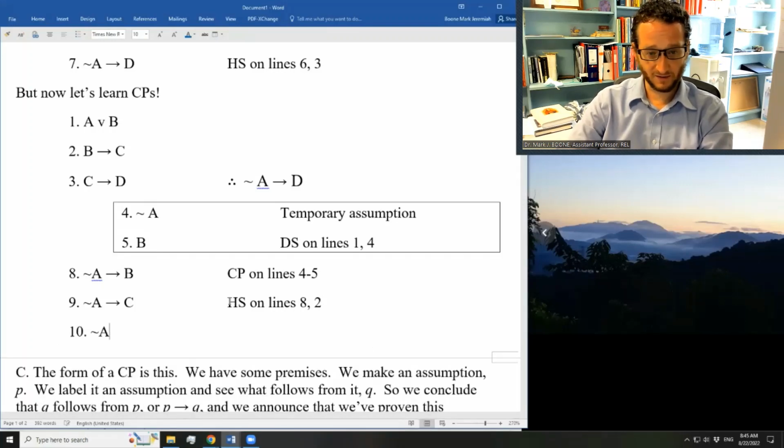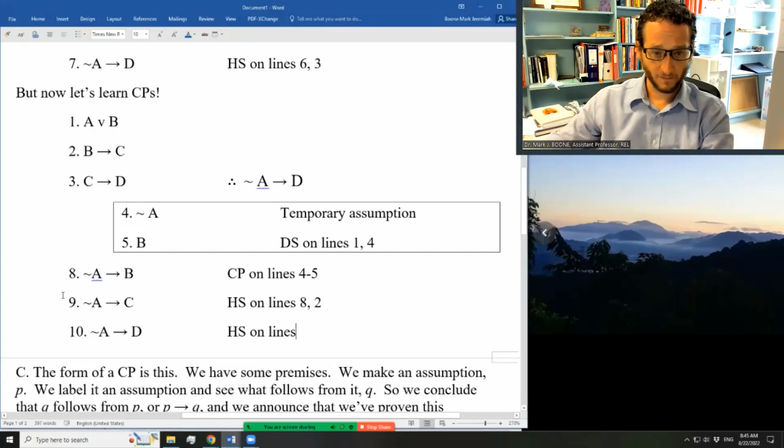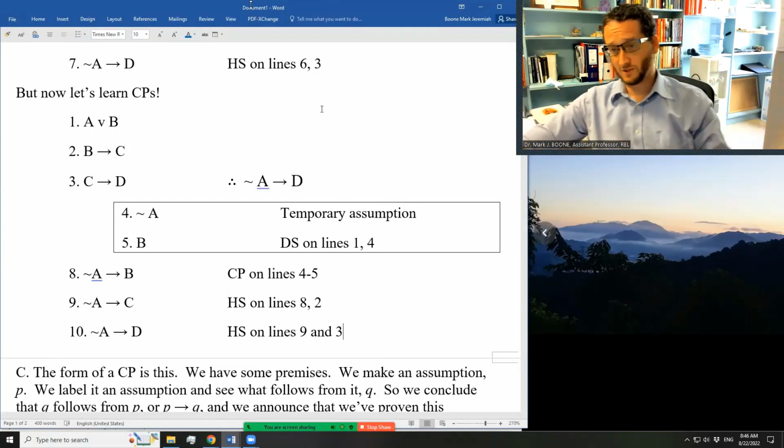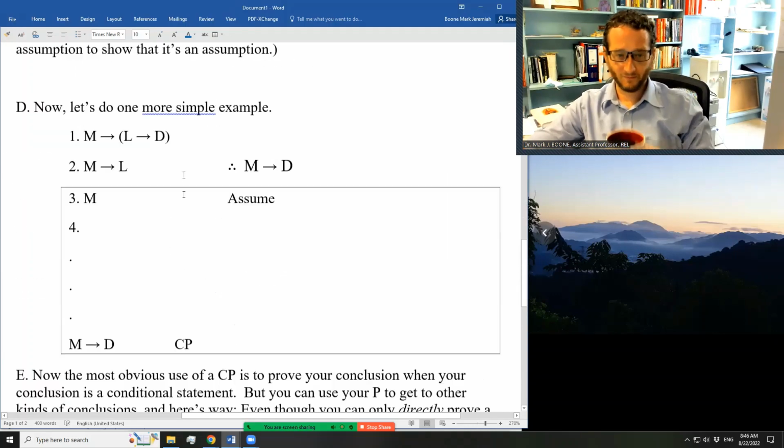And then if tilde A, then D by hypothetical syllogism on lines 9 and 3. So there are two different versions of a conditional proof for this argument.